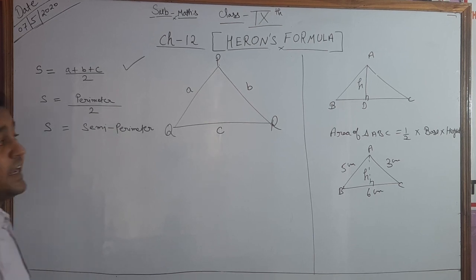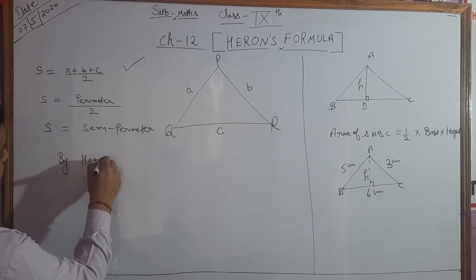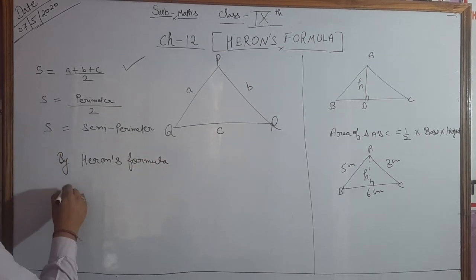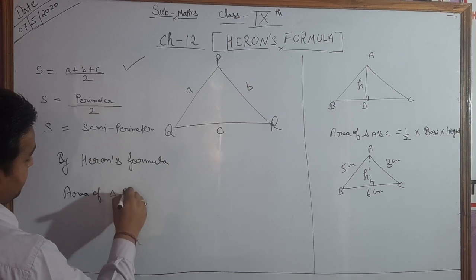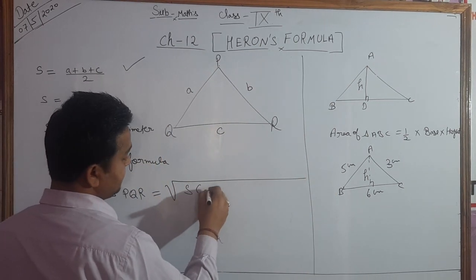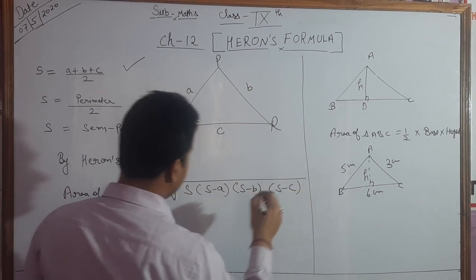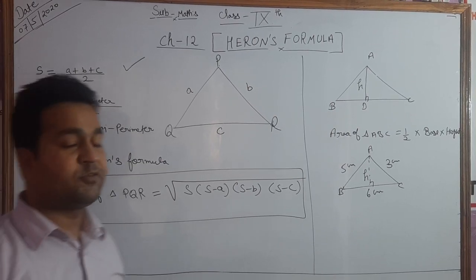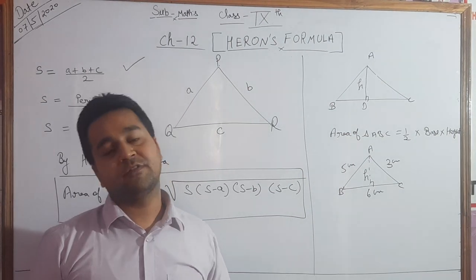Okay. Then what is the area? There is a new formula. You can write by Heron's formula: area of triangle PQR is equal to under root S, S minus A, S minus B and S minus C. This is known as Heron's formula, and with the help of this formula you are easily able to find the area of that triangle in which height is not given.